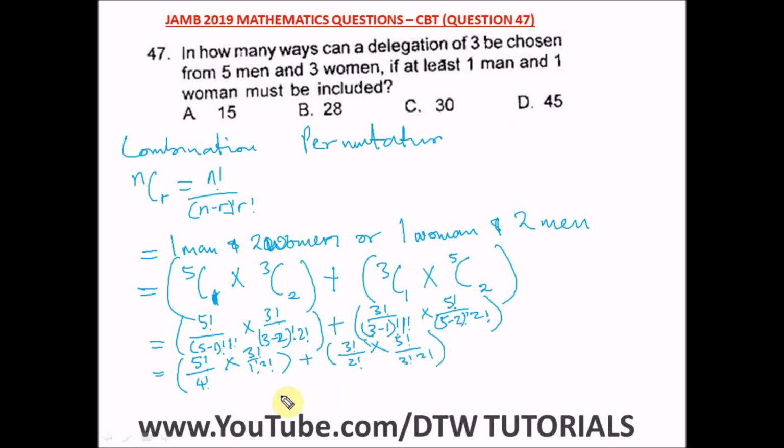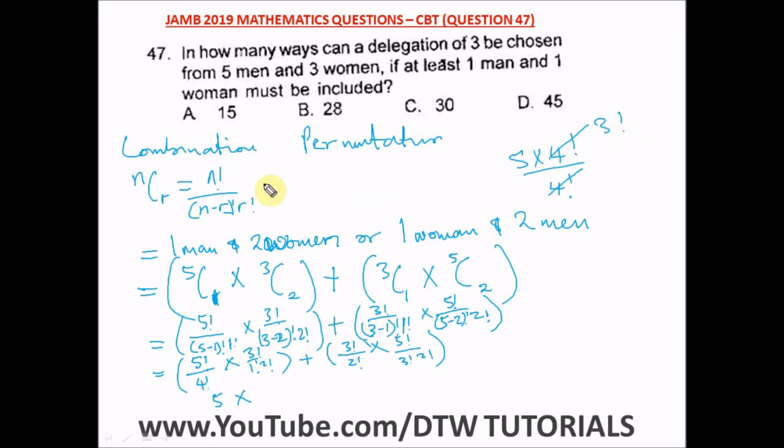So here, let's cancel out. 5 factorial is 5 times 4 factorial, so it will cancel out the 4 factorial down there, and we're left with 5 times 3 factorial.